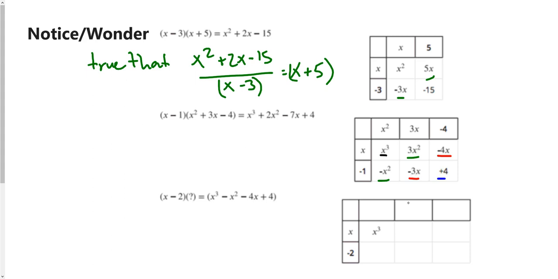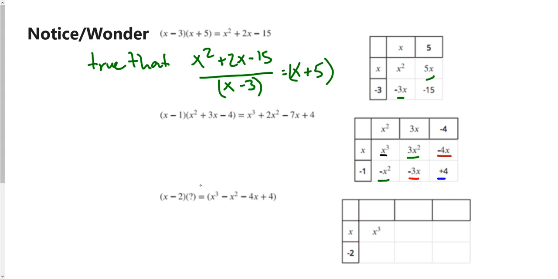Because if we could, then wouldn't that essentially be division? It is the reverse of multiplication after all. Let's give it a try. Let's look at the box here. We put x minus 2 on the left side because, well, it is x minus 2. Now, the top row we're going to leave blank. We want to know, what do we multiply x minus 2 by in order to get this?